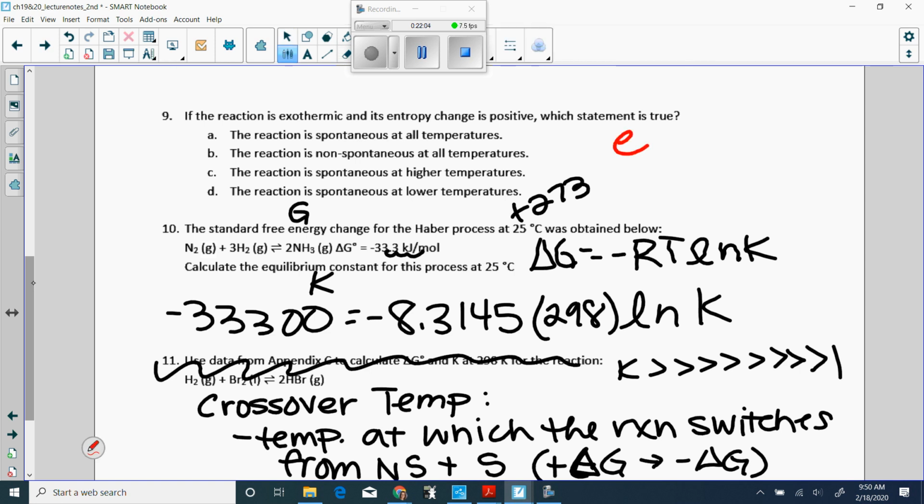So you end up with e to the 13.44. Did you get that? Okay. Now we would have expected that because delta G is negative, so we knew it was going to be greater than 1. And it's pretty big.